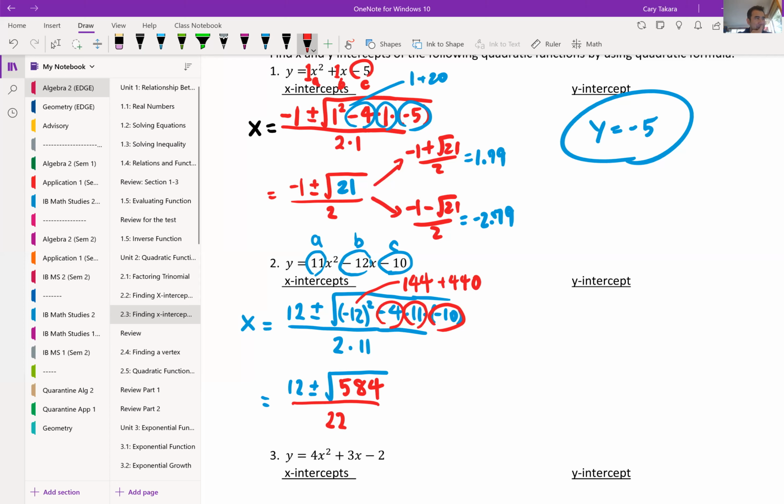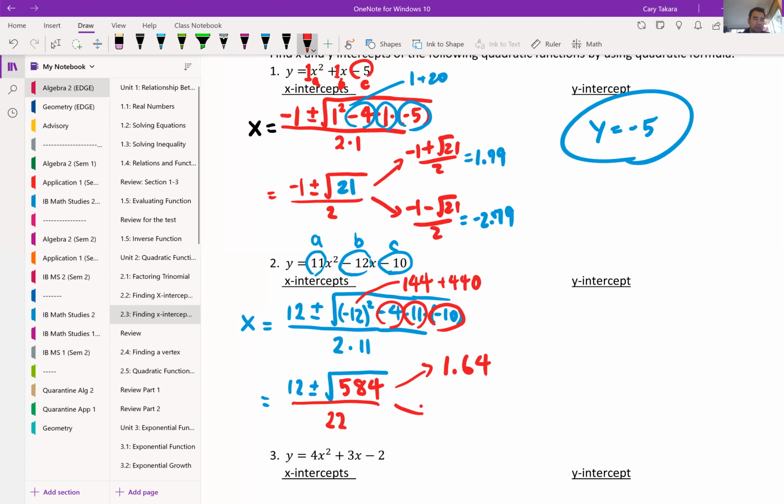How did you guys do? Did you guys get that? And so the answer will be 12 plus square root of 584 divided by 22. So it's going to be 1.6.